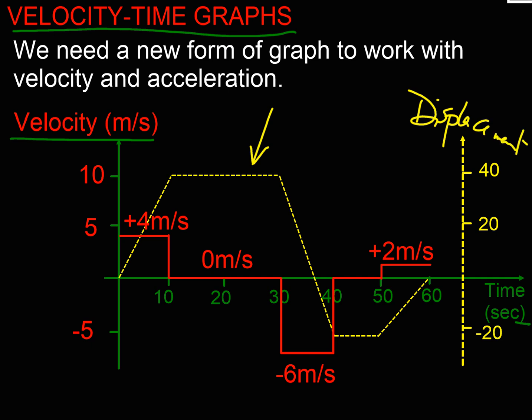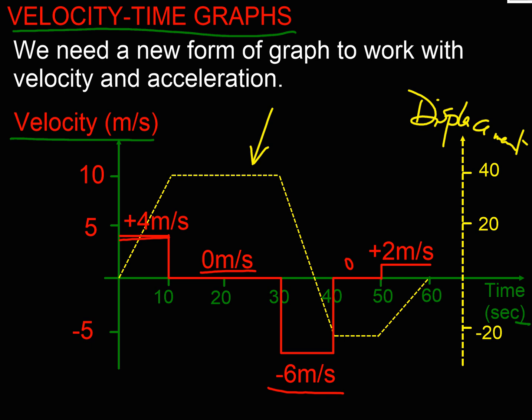I could draw a new red graph here of the velocity. So as we said, in the first 10 seconds we were traveling at +4 meters a second. Then there was a period of 20 seconds while we were stopped. Then we traveled at -6 meters a second. Then we were stopped again for 10 seconds. And then we traveled at +2 meters a second for 10 seconds.